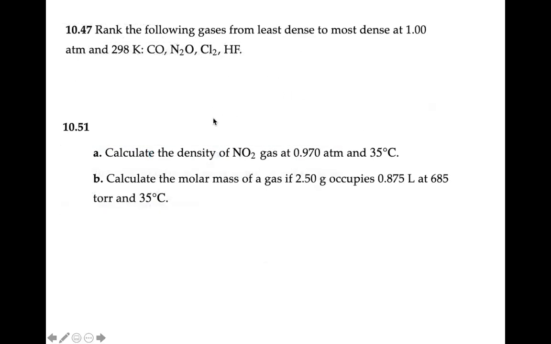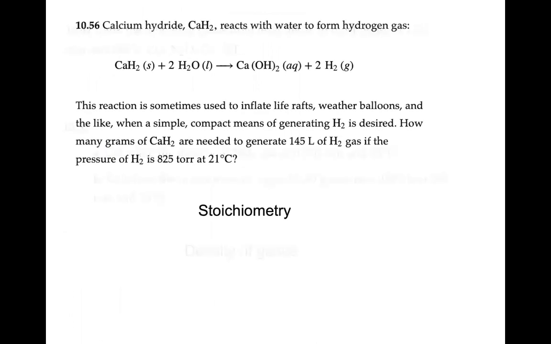These two right here, if I were to classify these, there was a ranking going on or a calculation. These would be involving the density of gases. This one right here, as soon as I see a reaction, this is involving the stoichiometry.